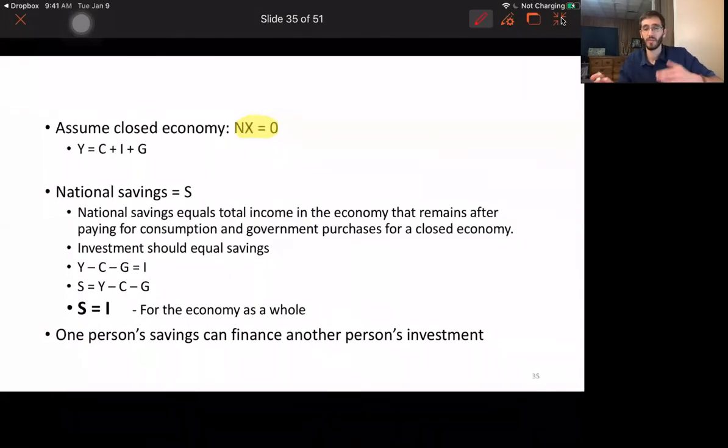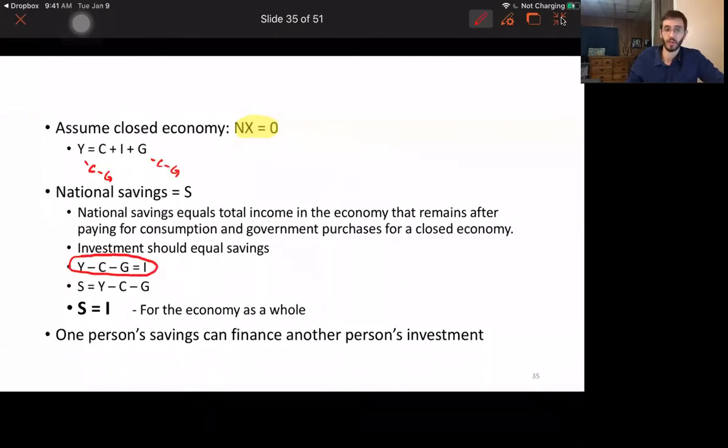So if we readjust the GDP formula to isolate investment, because we want to know what investment is, we would subtract consumption and government spending from both sides of that equation. This would give us the following equation, where Y, GDP, minus consumption minus government expenditures equals total investment in the economy.